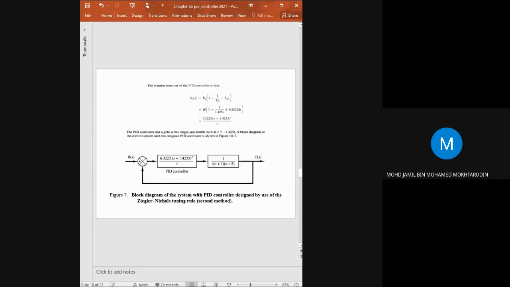We take these values, substitute them into the transfer function of the controller, and simplify. Substitute into the PID controller, and then simplify the block diagram to get the final transfer function C over R.